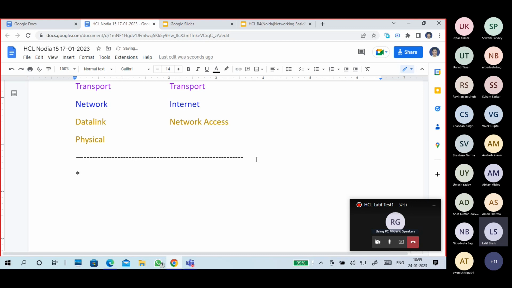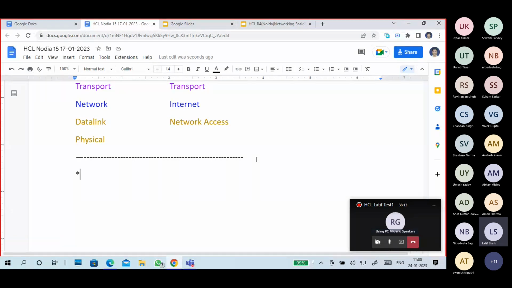You may get a doubt, like I said, the physical layer device is a hub because it does not understand any MAC address or IP address. Switches come under the data link layer, because the data link layer deals with MAC addresses, and the switch understands MAC addresses. Network layer example is the router. Why?